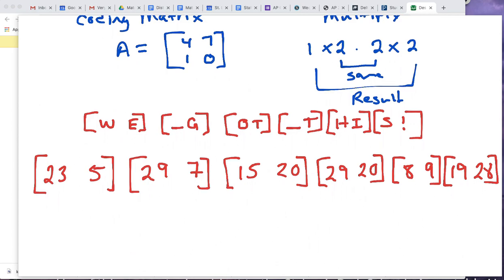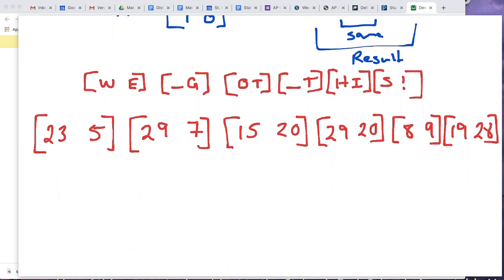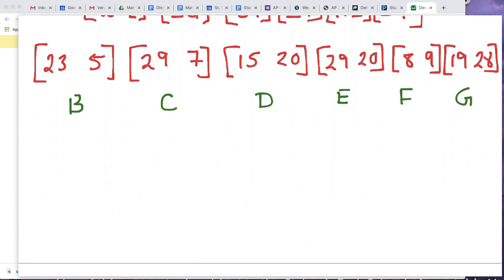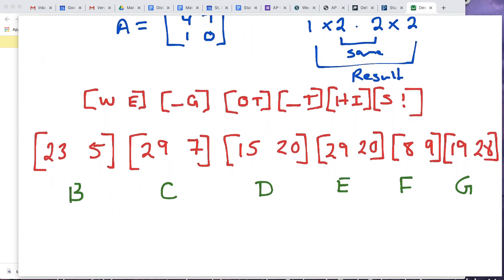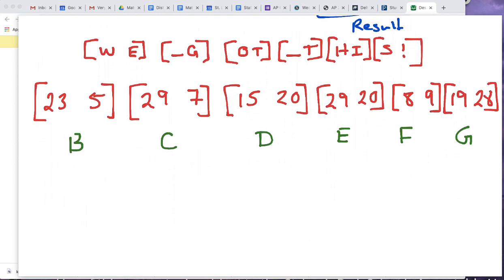So we're going to name these matrices as well, because we're going to put these into the calculator and get the calculator to do all the work for us. We're going to name this one B, this one C, this one D, this one E, this one F, this one G. And what we're going to do is we're going to encode these. So we're going to take all of these matrices and multiply them by this matrix A to get a new matrix.